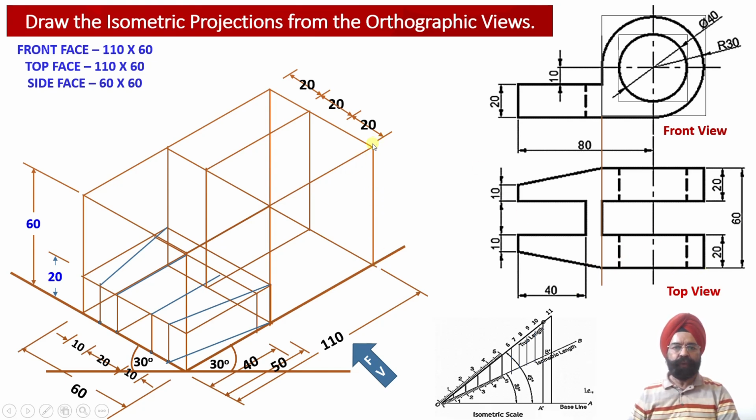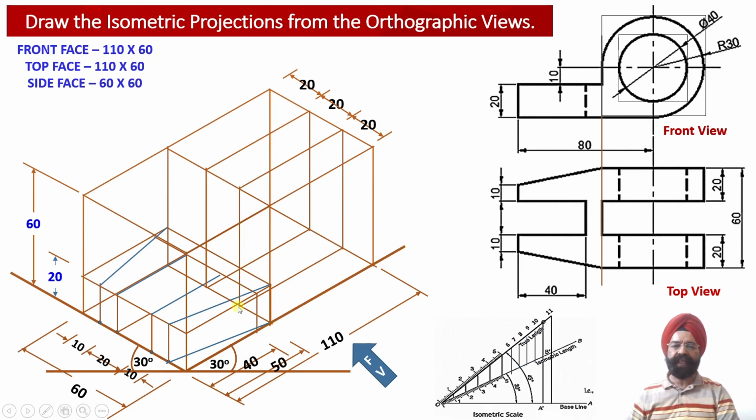Now 20 millimeter from the front face, again 4 points will be located, and once again we are going to obtain 4 isometric projector lines, each of them measuring 60 millimeter. This isometric projector line and this isometric projector line measuring 60 millimeter have been drawn parallel to the z-axis.